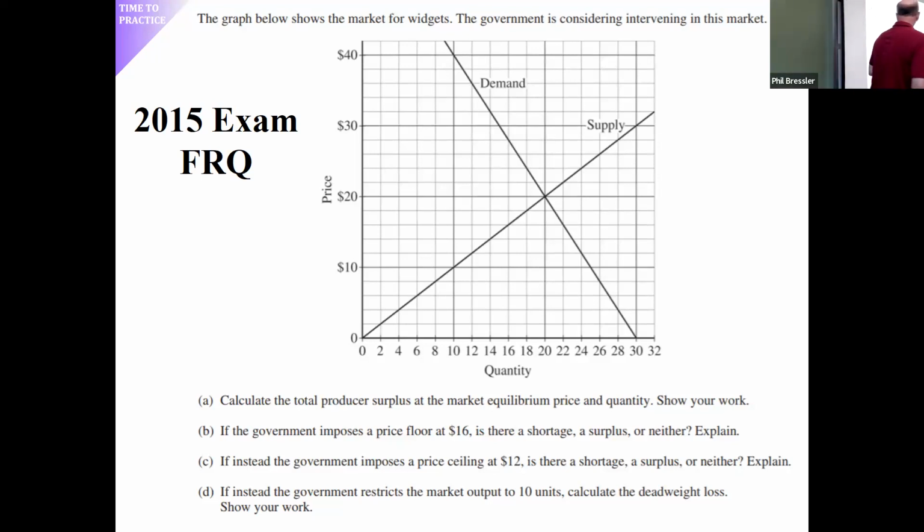All right. Christian, first thing, calculate total producer surplus at market equilibrium. Did you get that? Okay, so what's the rule graphically of producer surplus?